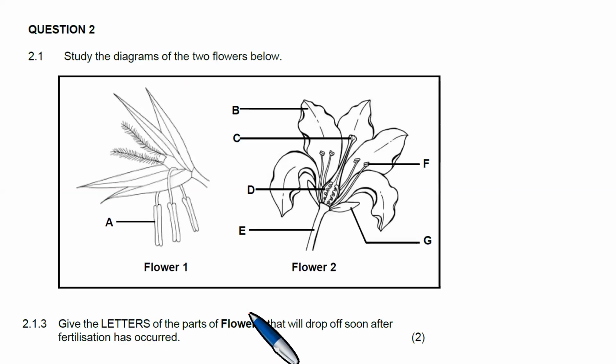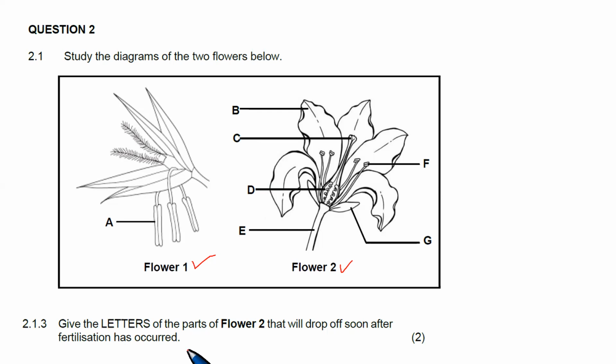You must be able to study flower one versus flower two. Give the letters of the parts of flower two that will drop off soon after fertilization has occurred.